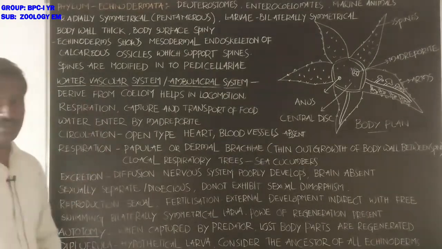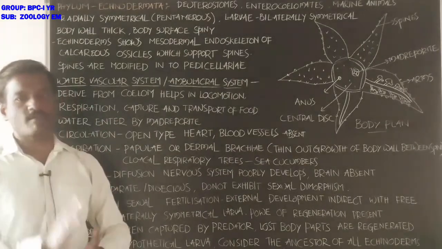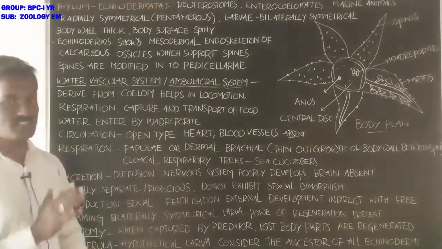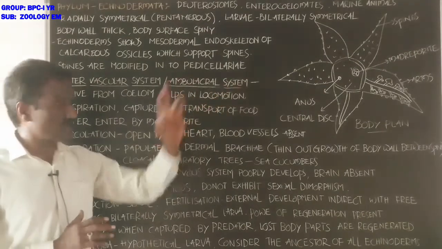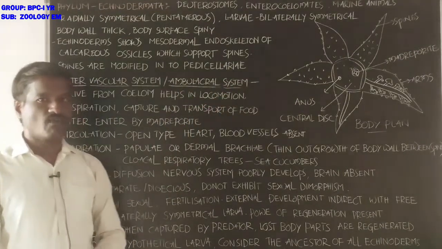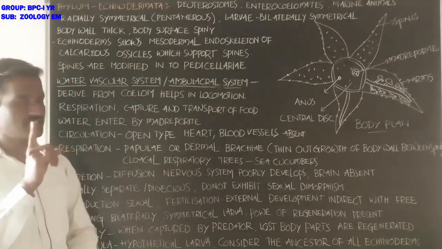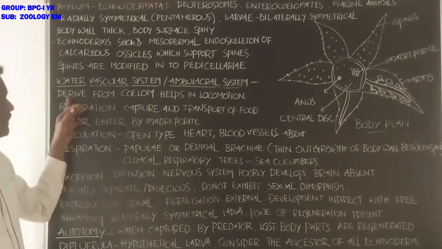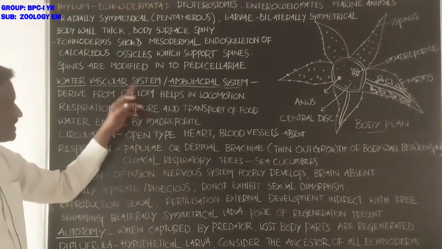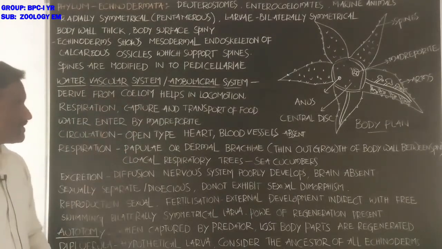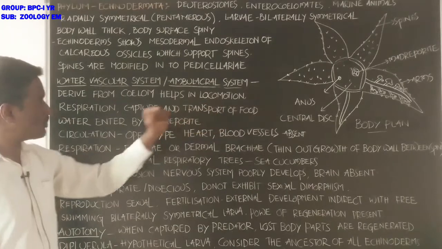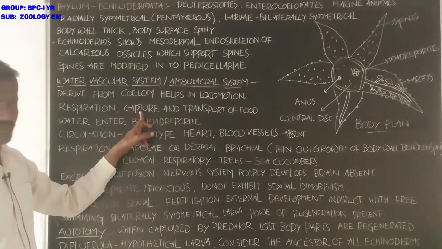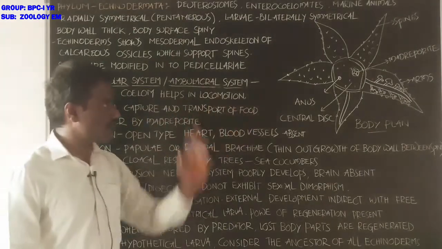Next, echinoderms show a unique feature, the water vascular system, also called the ambulacral system. It is derived from coelom and helps in locomotion, respiration, exchange of gases, capturing and transport of food particles.